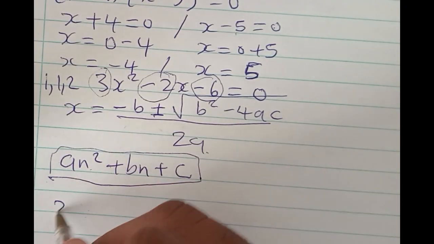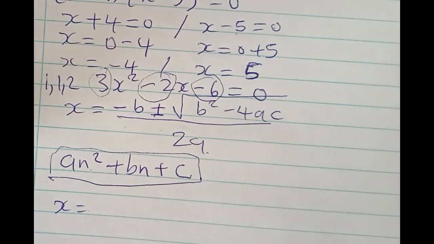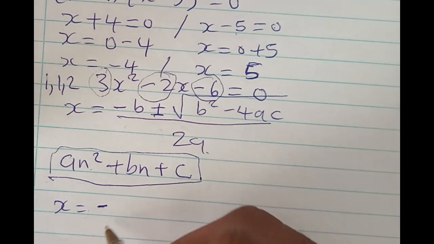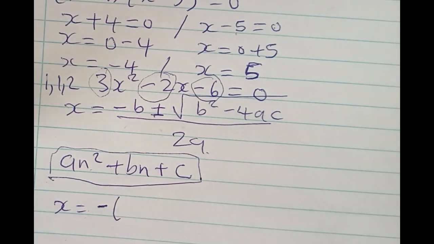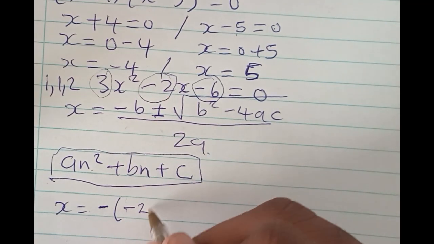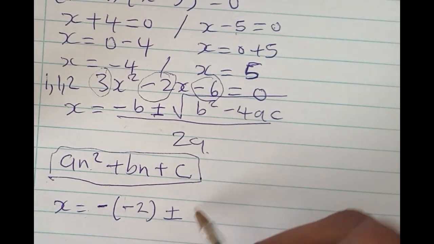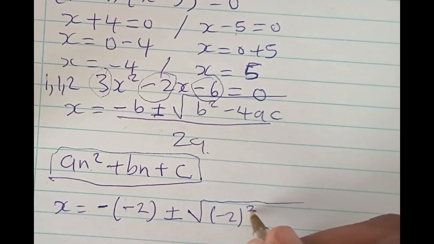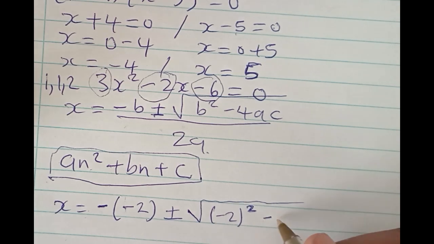Now we'll say, remember it's negative b. So don't forget this negative. You write negative and open the brackets and check the value of b. The value of b is negative 2. Then you substitute negative 2 plus or minus the square root of b, which is negative 2, squared, minus 4.